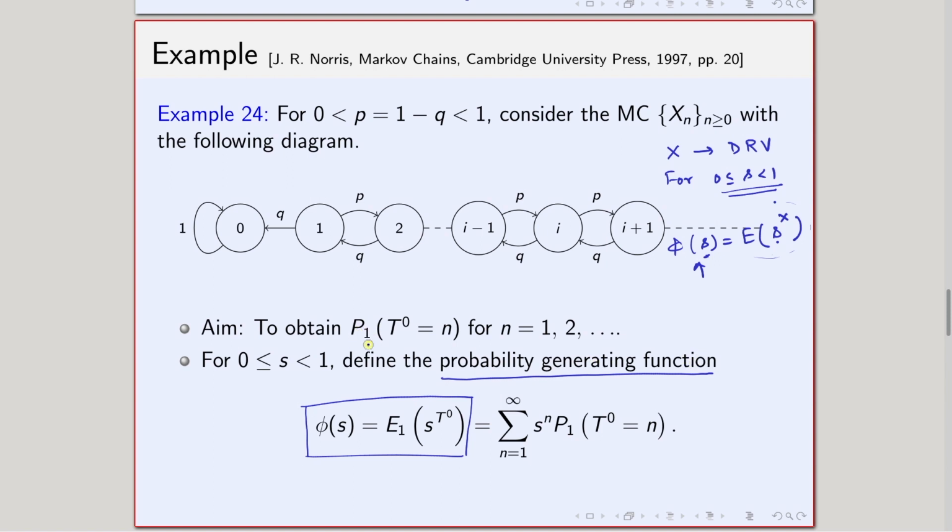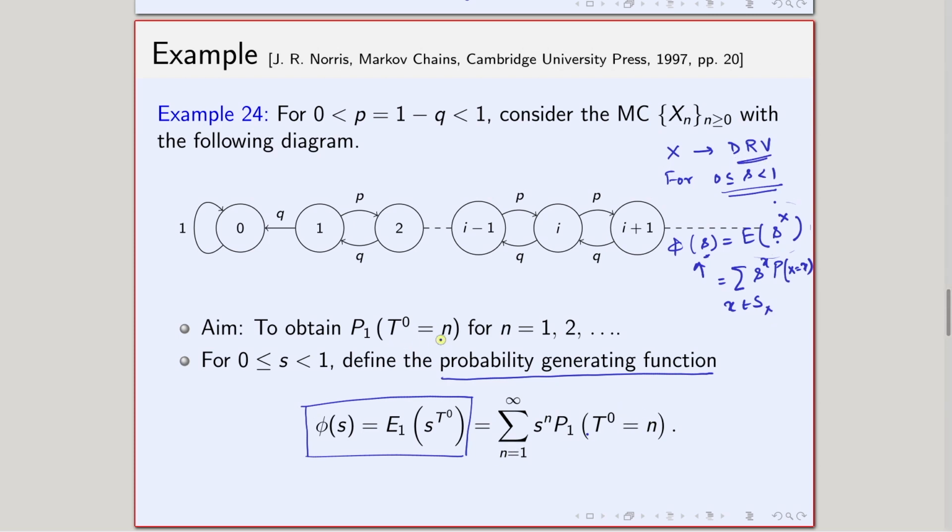Now, in this case, because I am talking about the conditional probability, I have to talk about the conditional expectation. If I write this, it is basically the summation from n equals 1 to infinity of s to the power n times P1(T0 = n). That can be written as the sum of s to the power x multiplied by P(X = x), taken over the support of the discrete random variable X. Same thing we are doing here.